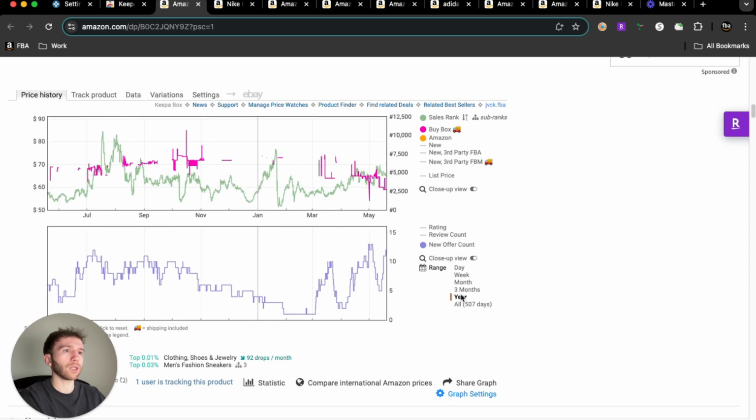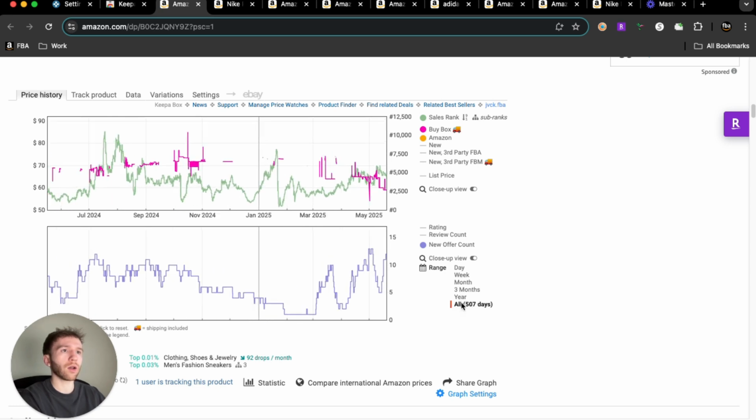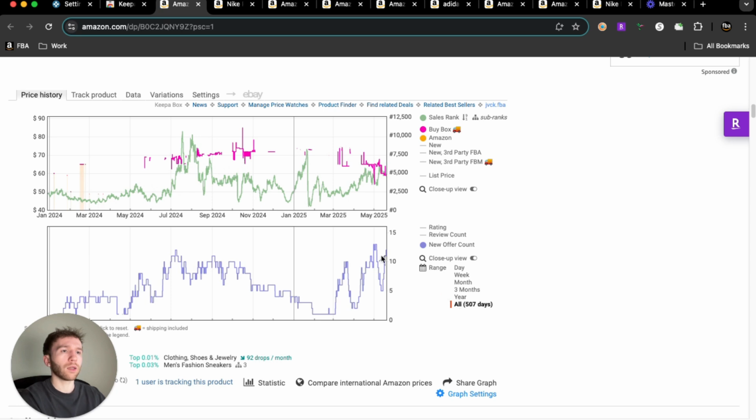And if you want to see the year in the past, you can see that, as well as the all time for this listing, which in the all time, we can see that Amazon did have stock here, and it shows us this thicker, yellow-tan box in there.